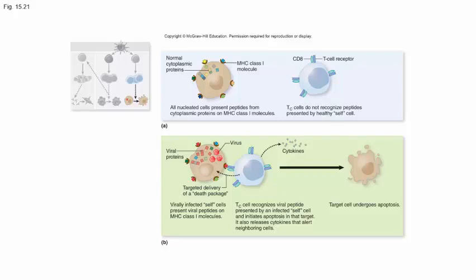Remember the T helpers, also known as CD4 cells. Helper Ts coordinate the immune response and hence recognize antigens presented on the MHC2 cells. Now, those are going to be either macrophages or B cells. Once the antigen is recognized, helper Ts release cytokines to activate the B cells or the macrophages.